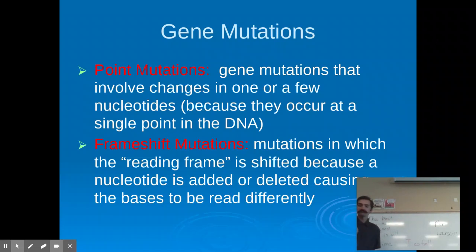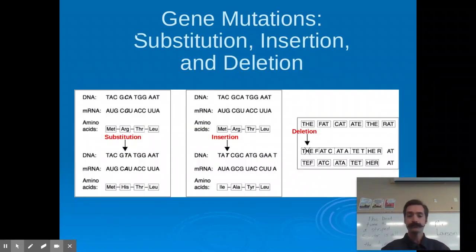It's gone. There's no more A in Taco Bell. Now when you read it, it just says Tco Bell. It doesn't make sense. You can't read it that way. Same thing with frame shift mutations. This is a very similar thing because now it's being read differently because there's a complete letter that has just disappeared.